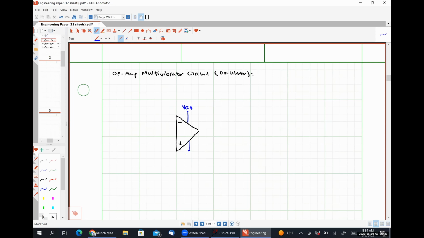Down here, we have our negative supply voltage, VCC minus. We label things here. So this is going to be V plus, V minus, V out.